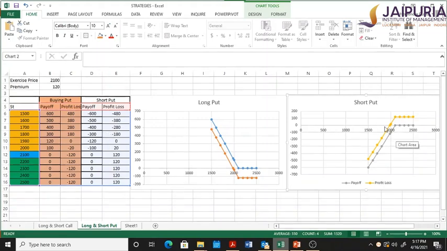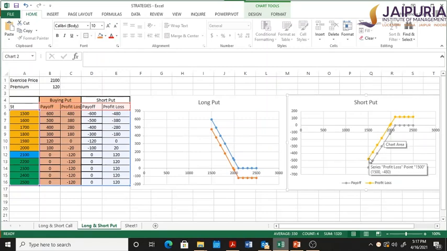His payoff, as I mentioned, can never be positive. Payoff will be zero only at that point when the buyer is not exercising his put option, but the payoff will start becoming negative as the stock starts falling down, right? And this yellow line indicates the loss which the seller will get in case the stock starts falling down.